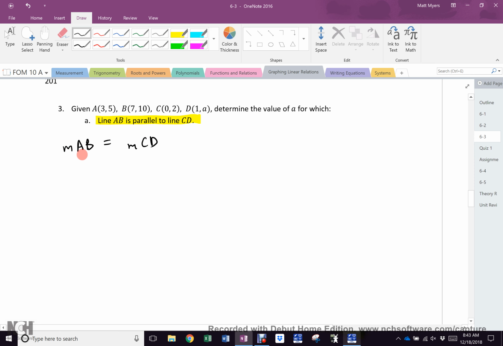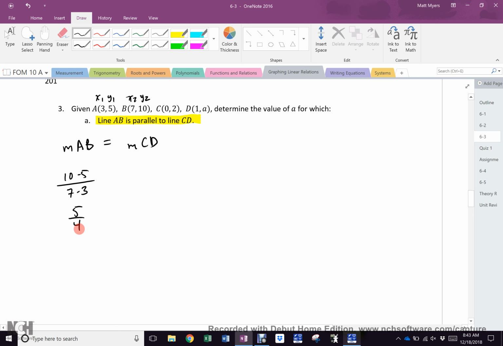Algebra. So what would it be? Is it possible to do it wrong if you label it? No. x1, y1, x2, y2. 10 minus 5 over 7 minus 3, 5 over 4.